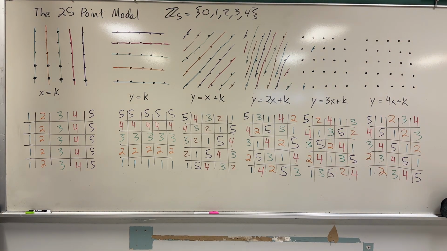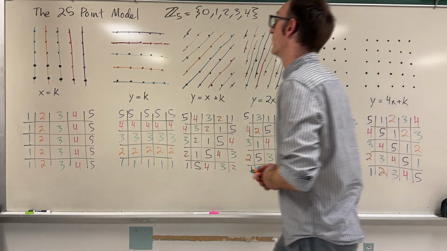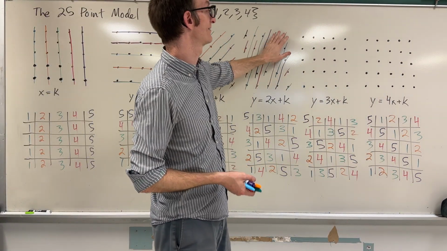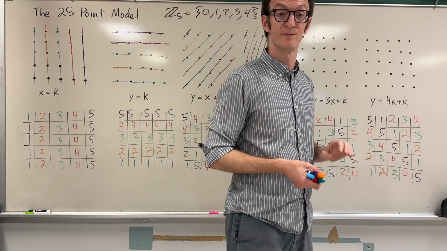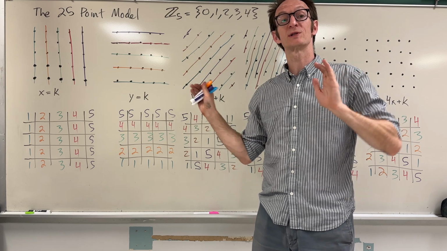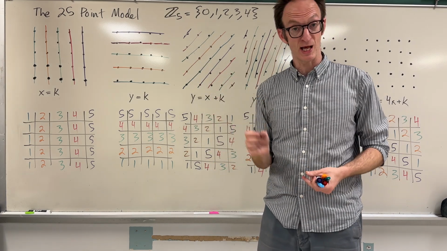Okay, what do all of these lines have in common? Well, I have 5 lines here, 5 lines here, 5 lines here, 5 lines here, 5 lines here, and 5 lines here. So I end up with 6 total sets. What are these sets? They're the equivalence classes of parallel lines.